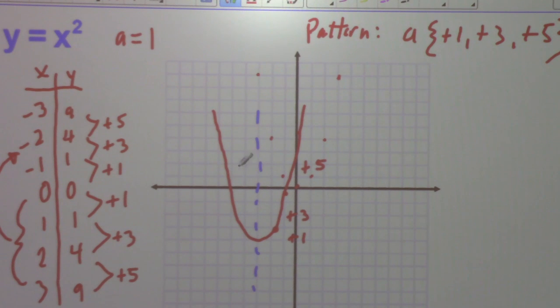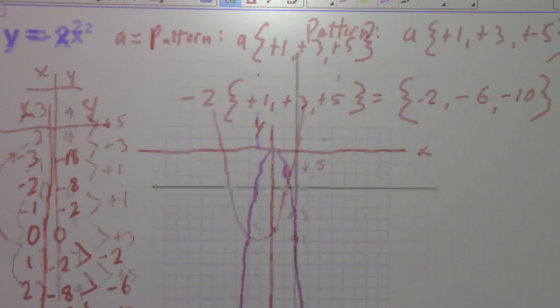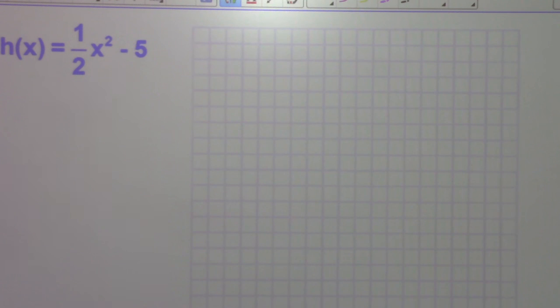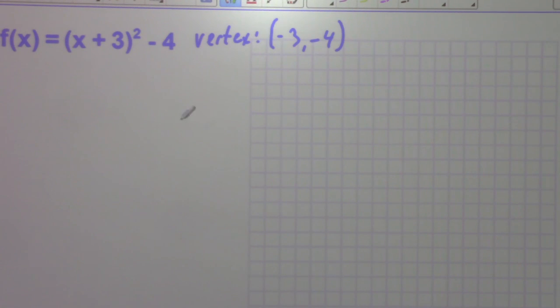So let's go ahead and look at that pretty quickly. I think we'll just finish there for today. So if we have this, what is the value of A? A is equal to what? 1. So what is our pattern? Our pattern is going to be +1, +3, +5.